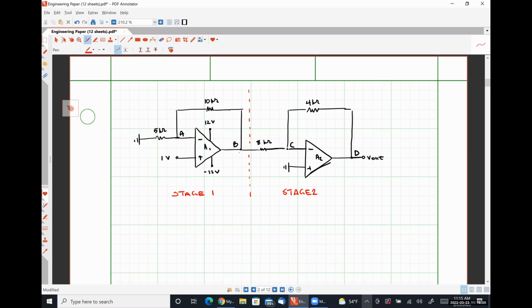The output of stage 1, Vout1, serves as the input signal Vn2 of stage 2. So if we ignore everything to the right of the dashed red line here, what does stage 1 look like?